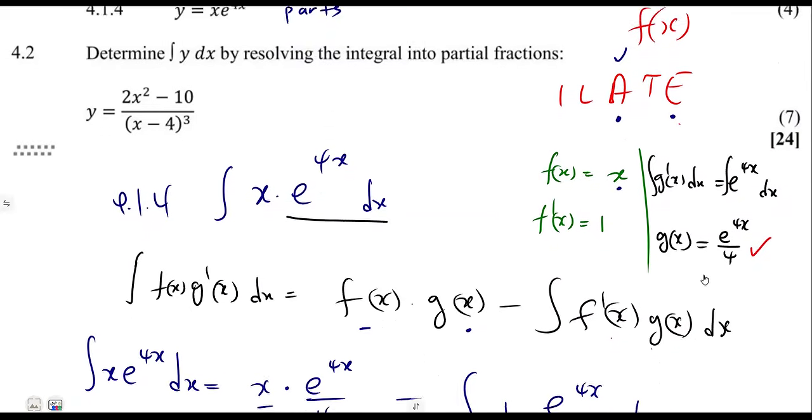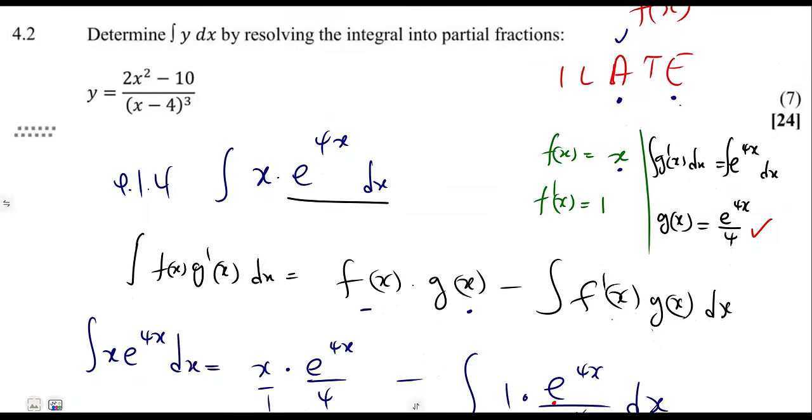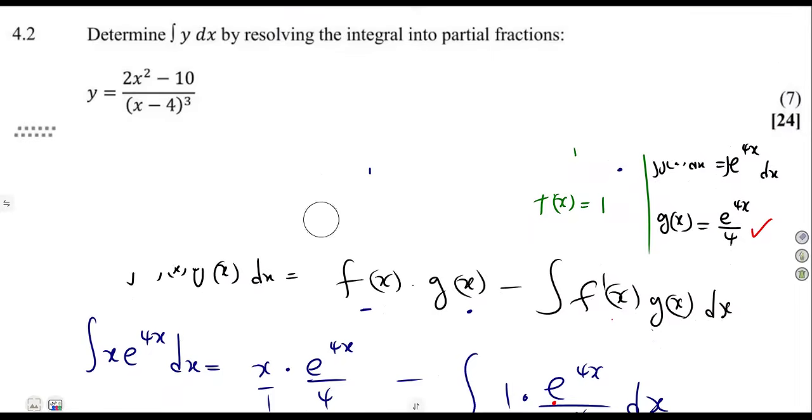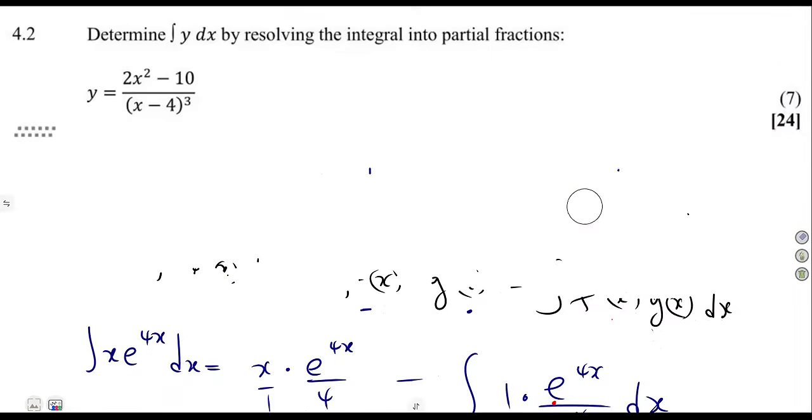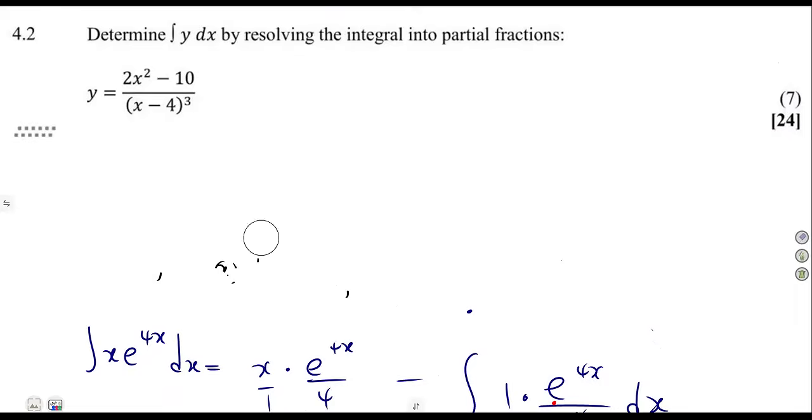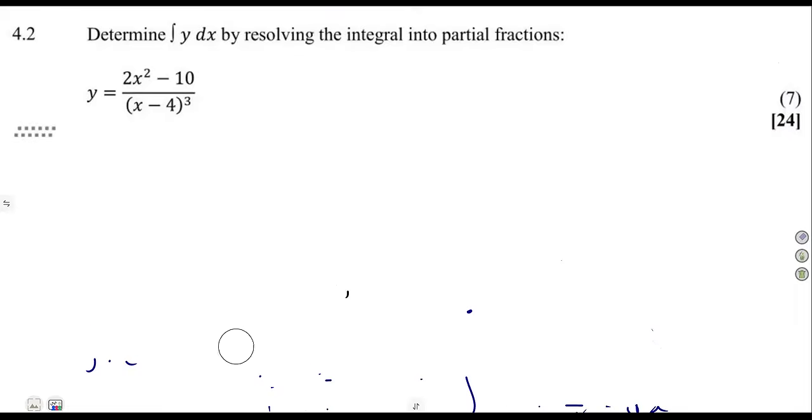All right. 4 marks. For 4.2 from this, you need partial fractions. Definitely we use partial fractions where there is a repeated linear factor raised to the exponent of 3. That's a repeated linear factor that we have in the denominator.